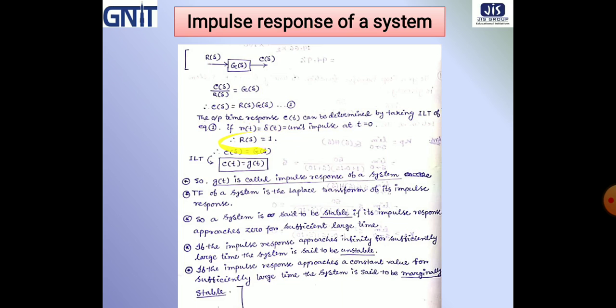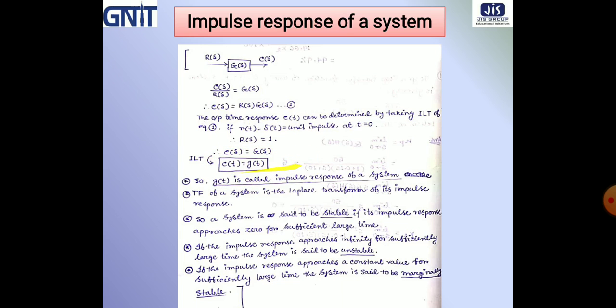Now if we put R(s) is equal to 1 in equation number 1, then C(s) is equal to G(s). And if we want to calculate the time response of this equation, then we have to apply inverse Laplace transform. After applying the inverse Laplace transform, we get c(t) is equal to g(t).